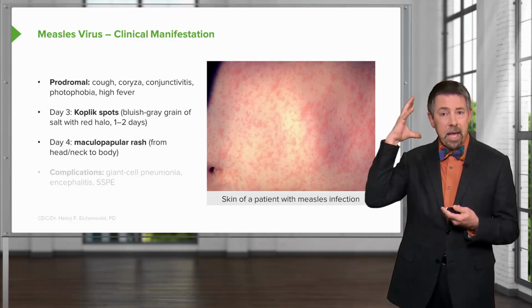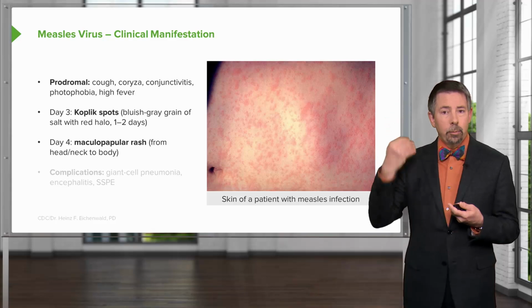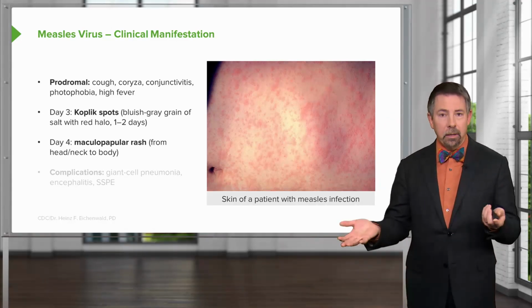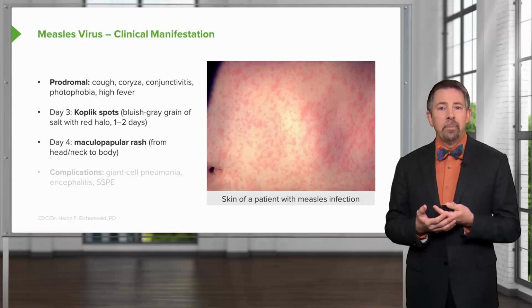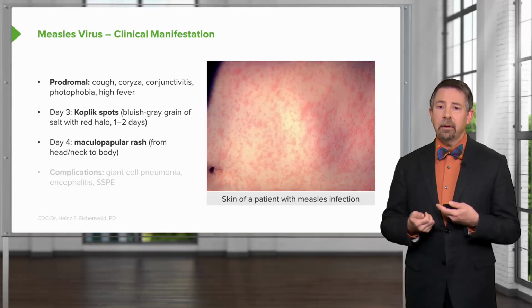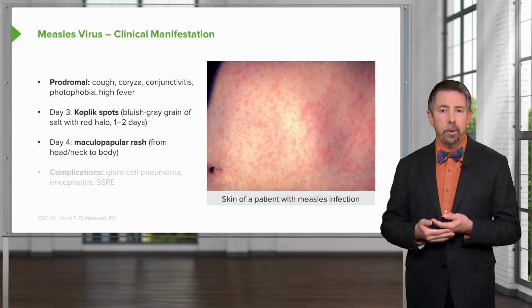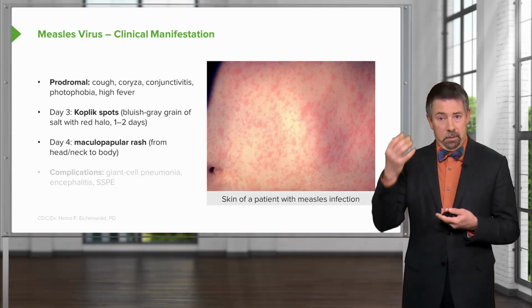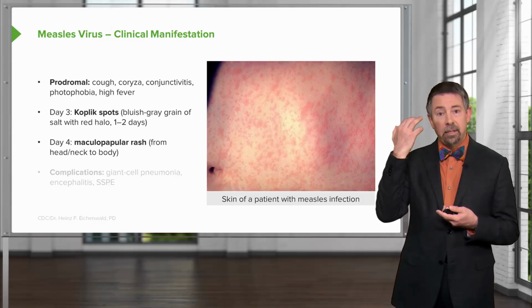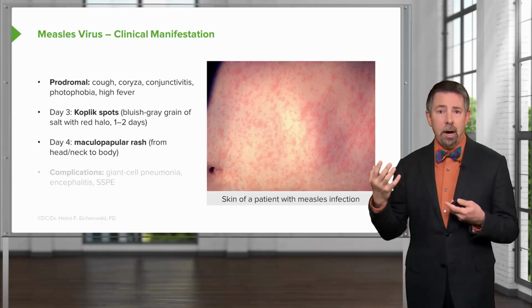It starts up at the head, starts cranially, and it moves caudally toward the tail, as it were, toward the extremities. But there is a clearing of the rash as it moves from section to section over the period of 3 to 4 days.